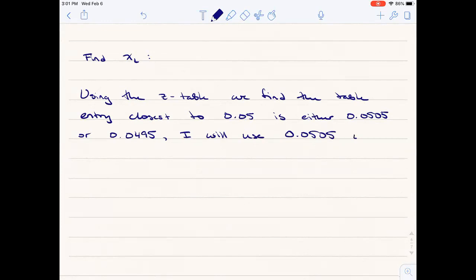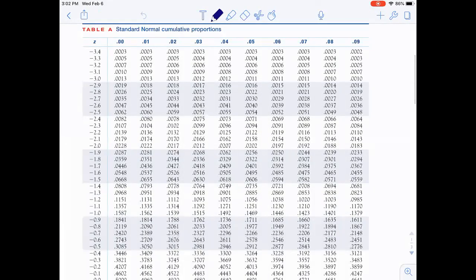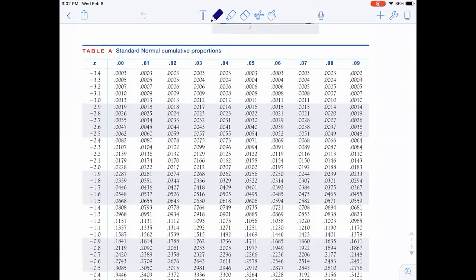Which corresponds to Z equal to, now I have to go back here, focusing on 0.0505, here has a Z of negative 1.64, or if you wanted to use 0.0495, negative 1.65.